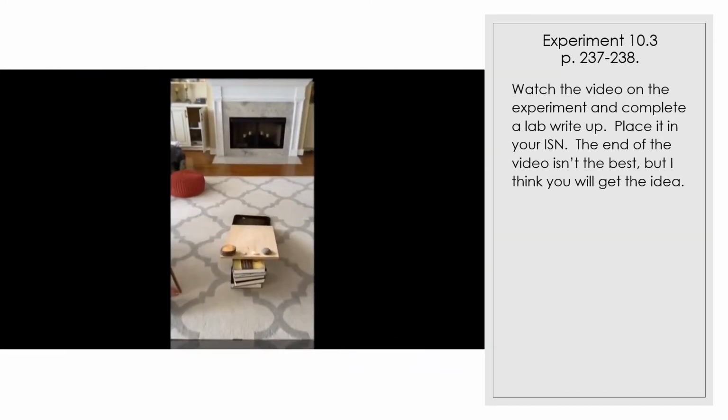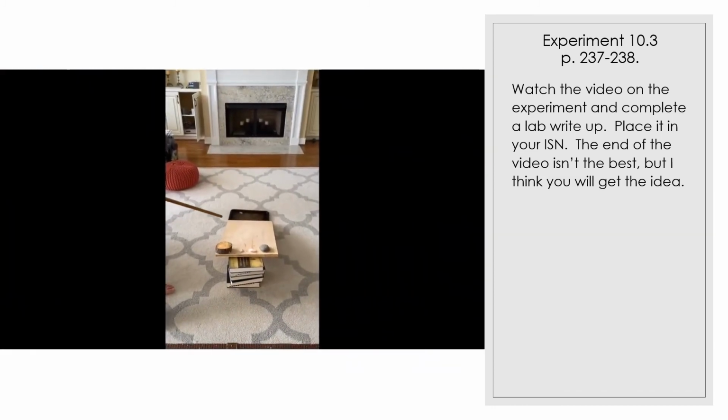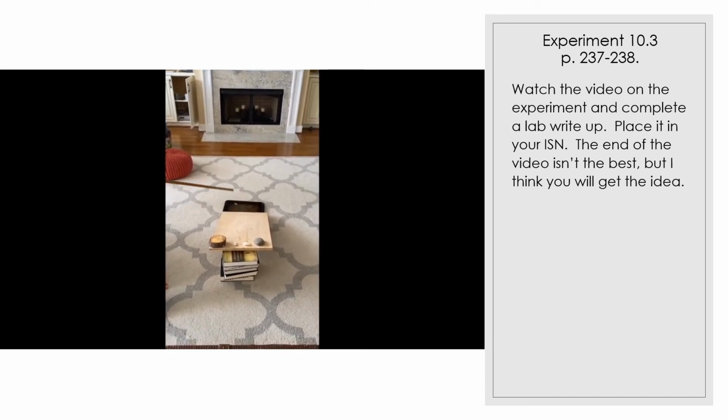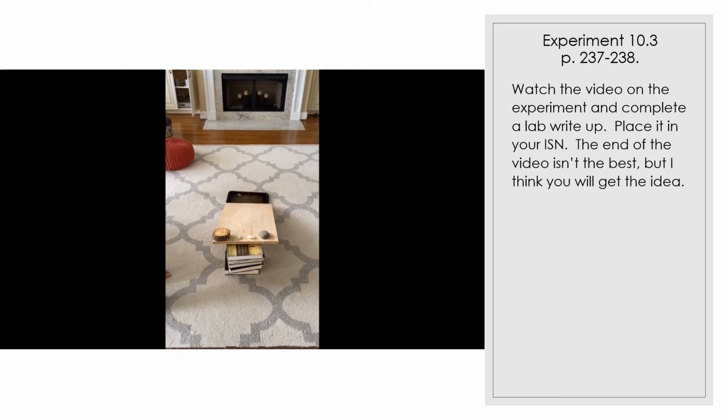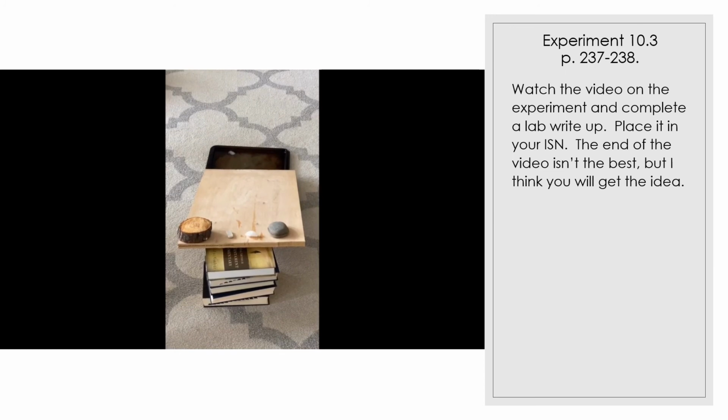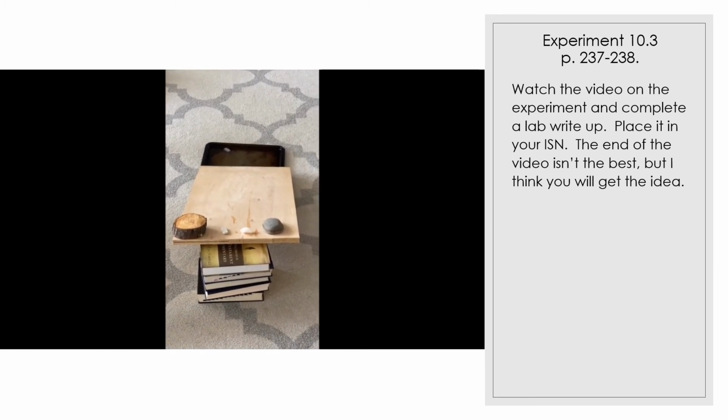There you go. All right, so in the second part of this experiment, basically what you have to do is sand this board right here to reduce friction. So we're going to see how high we have to go before the things slide down.